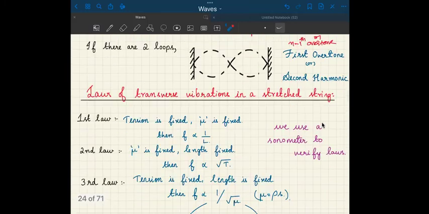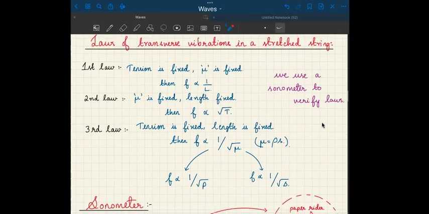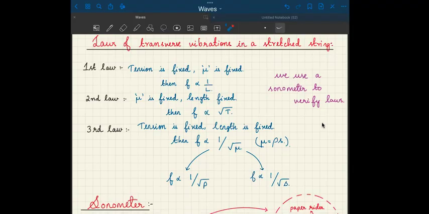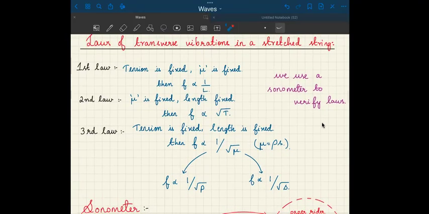Right. Now with this, I will define some laws. Laws of transverse vibrations in a stretched string. What is the first law? Everything I am now discussing is based on V is equal to 1 by 2L root T by mu, or 1 by 2L root T by rho S. Now you fix the tension and a given wire.